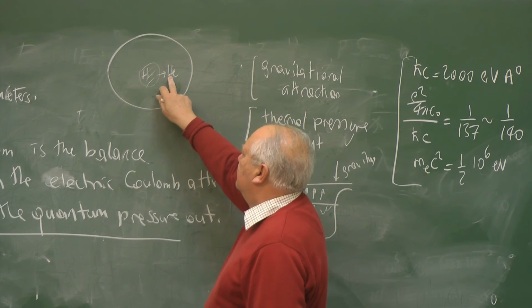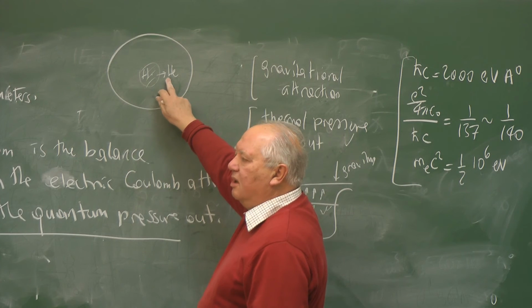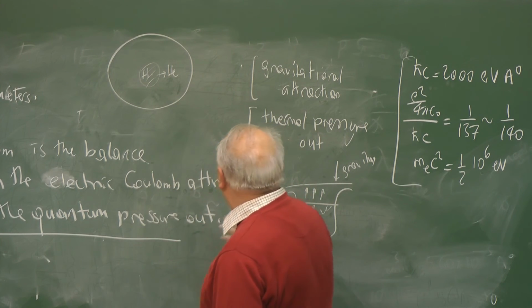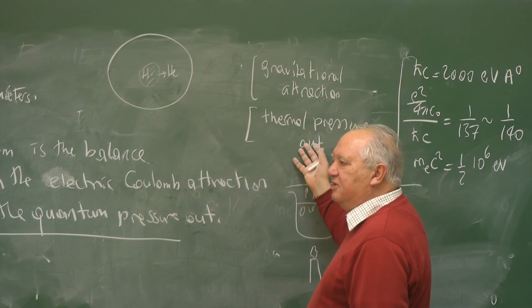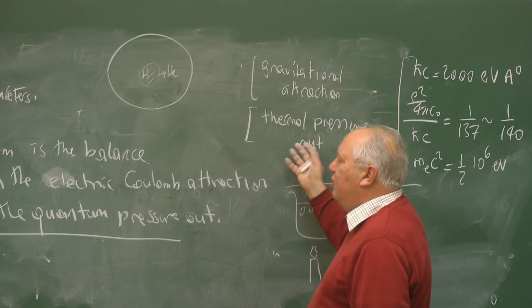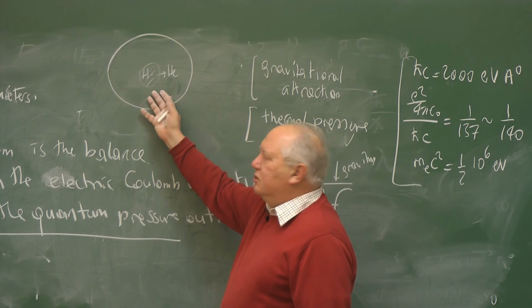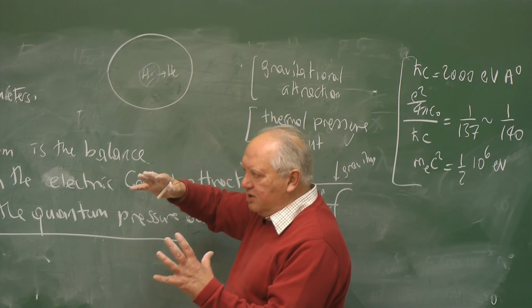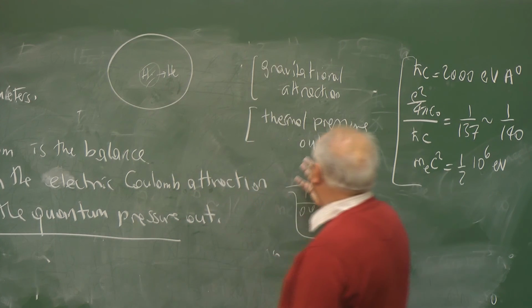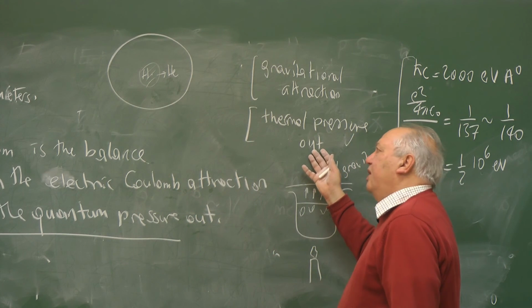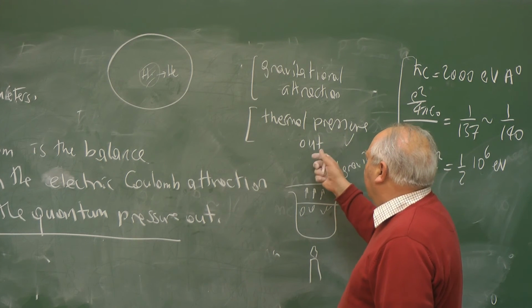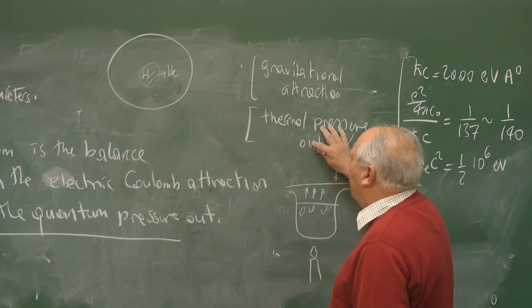It has become helium, so you have to start burning helium. I am saying that this thermal pressure cannot be kept indefinitely, because you keep burning your fuel. Gravitational attraction is there, but thermal pressure out is not there all the time.